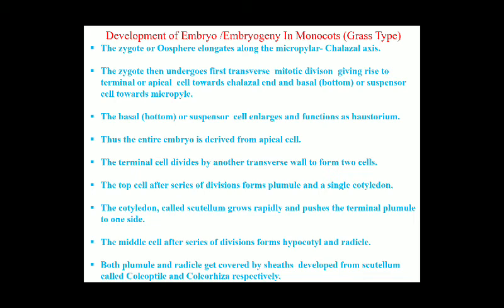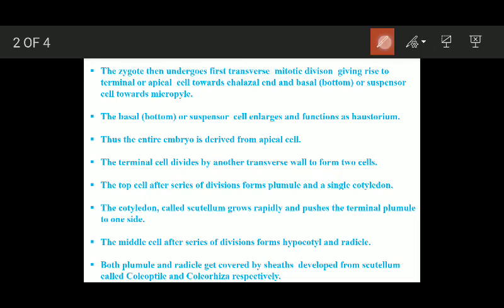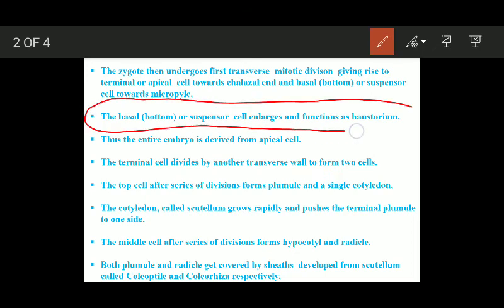The basal cell or suspensor cell enlarges without undergoing any divisions and functions as a haustorium. So in monocots the suspensor cell directly functions as a haustorium.